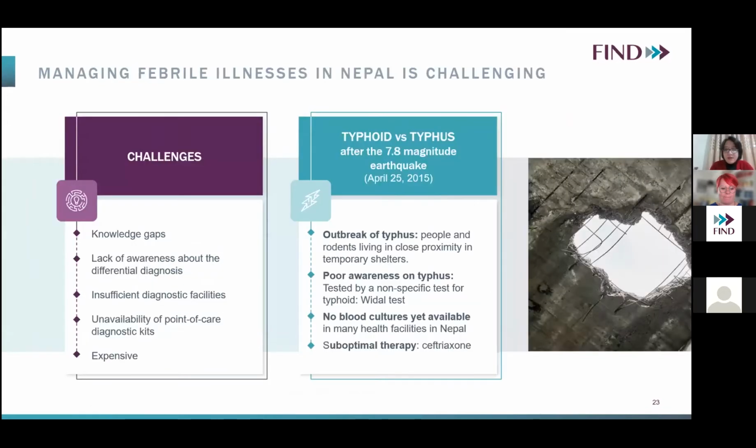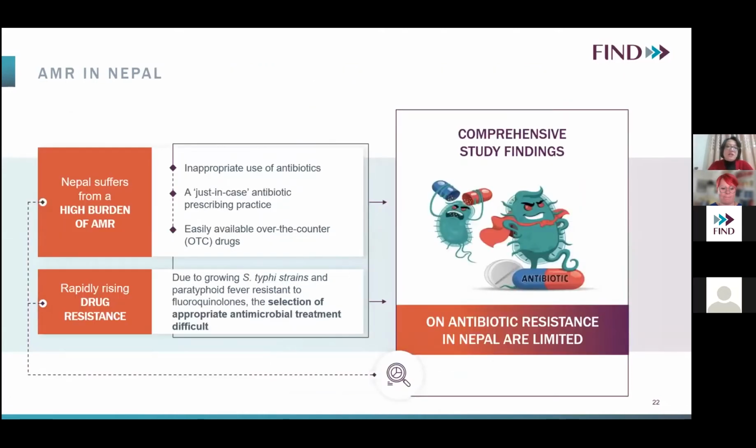Antimicrobial resistance in Nepal, the previous slide. There is a high burden of AMR in Nepal as well. The reasons are pretty much obvious: inappropriate use of antibiotics, or just-in-case antibiotic prescribing practice, which is evident in this country as well. And the OTC drugs, the over-the-counter drugs, are easily available all over the country. And drug resistance is rapidly rising.